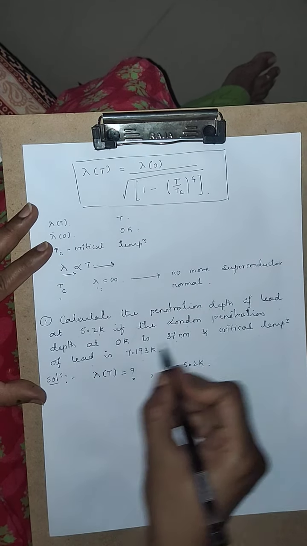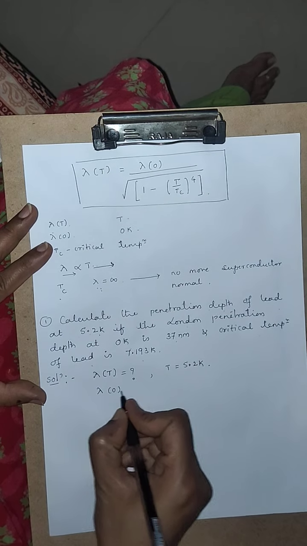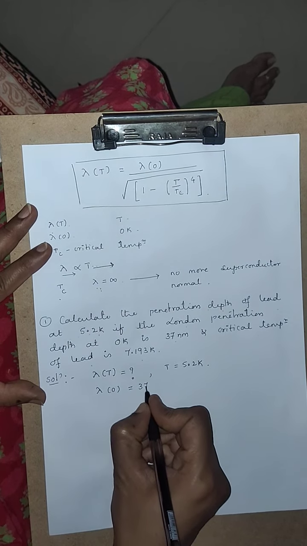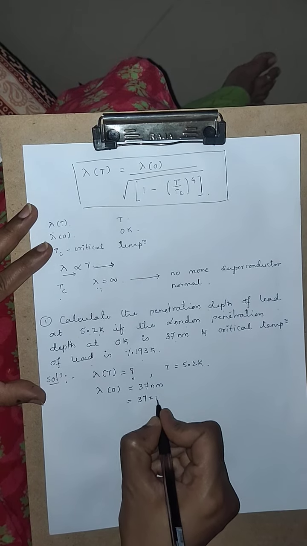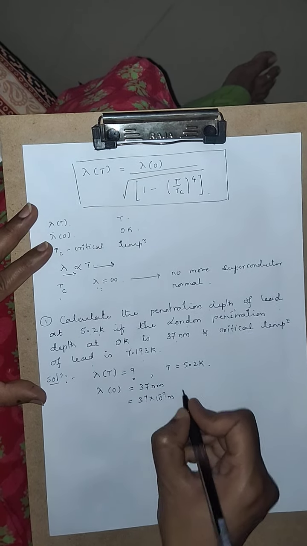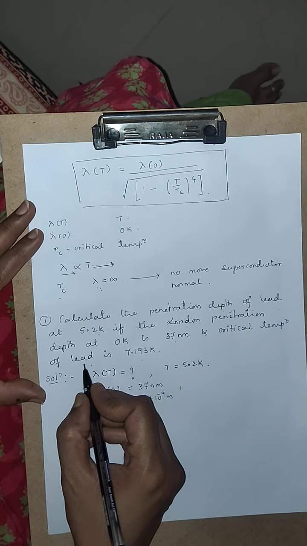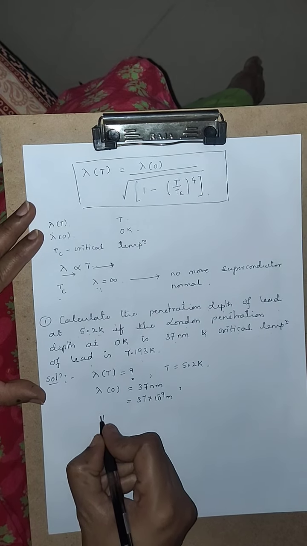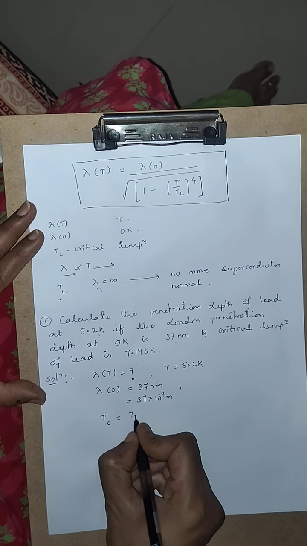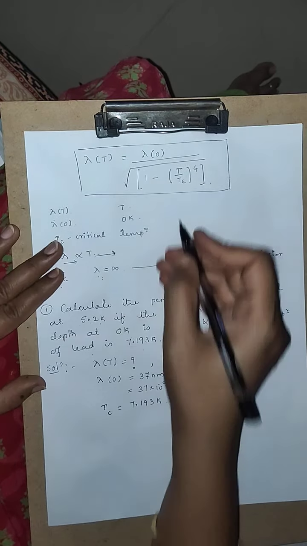The London penetration depth at 0 Kelvin is given, it is 37 nanometer, which is 37 into 10 raised to minus 9 meters. And the critical temperature of the lead, Tc, is equal to 7.193 Kelvin.